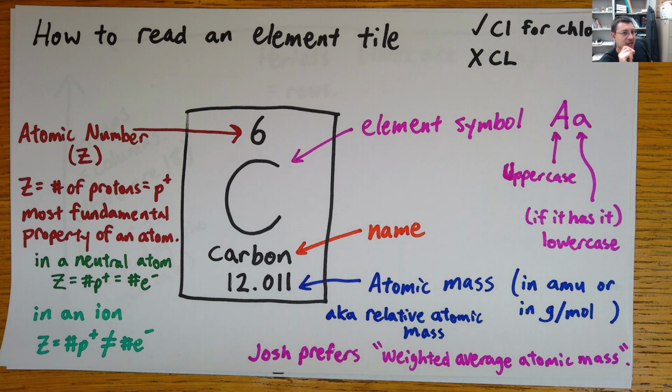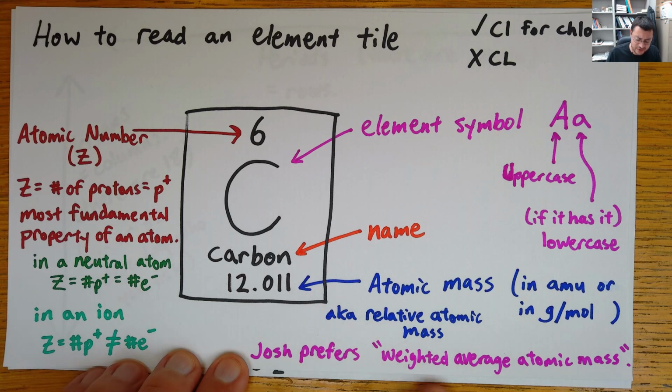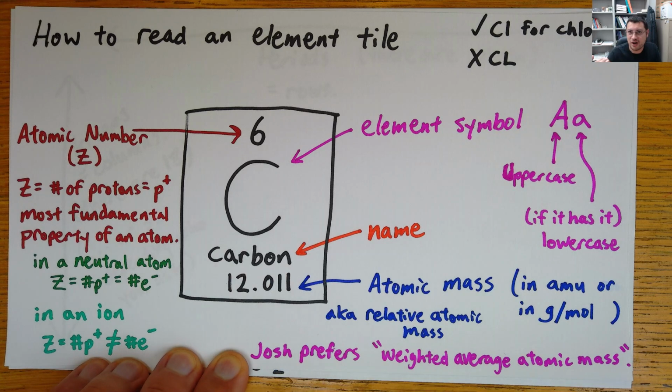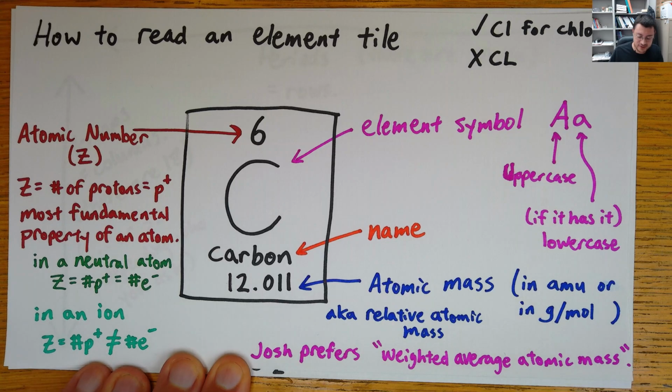So you can't just take 12 and 13 divided by 2 and get 12 and a half. That's not the actual weighted average weight. This takes into account that most of the carbon is carbon 12. That's a little preview for my isotope video.